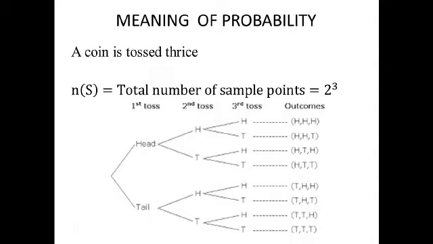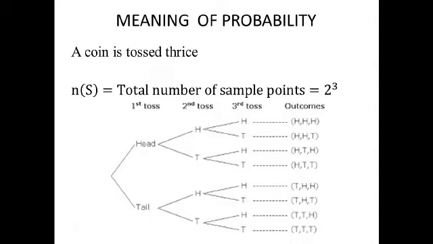Therefore, the total number of sample points is denoted as the sample space S, which would be equal to HHH and HHT from the first branch.